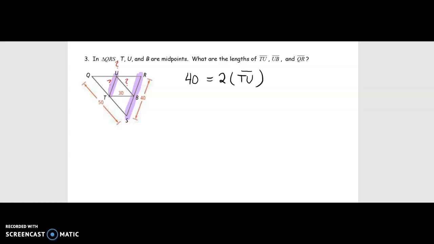So to help us find what TU is, we can just divide both sides by 2, and we're going to get 20 is TU. So over here, this one is just going to be 20.